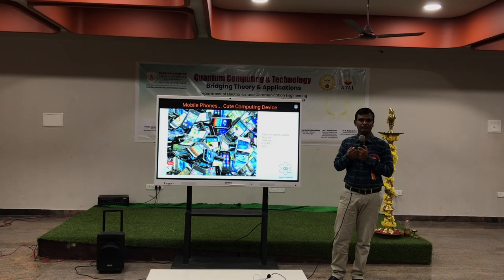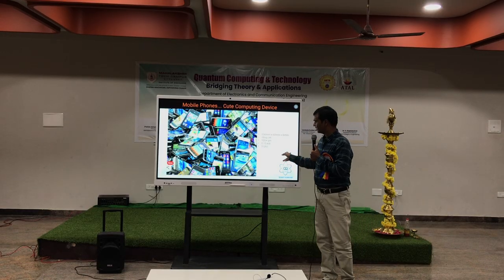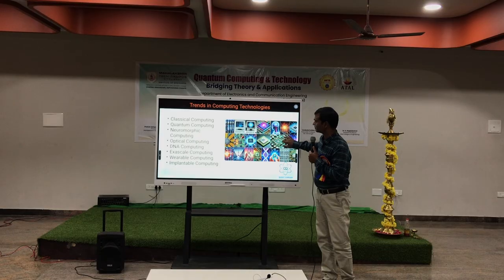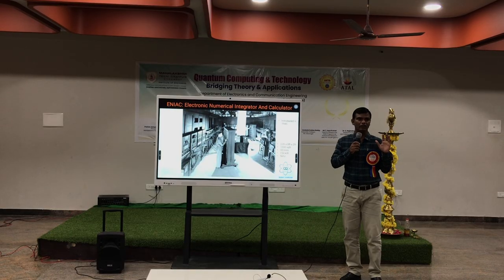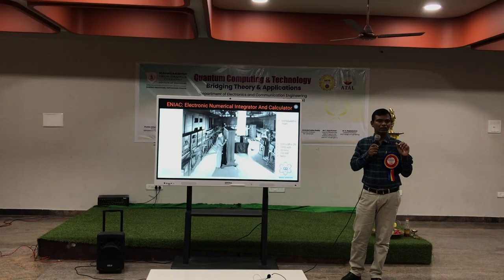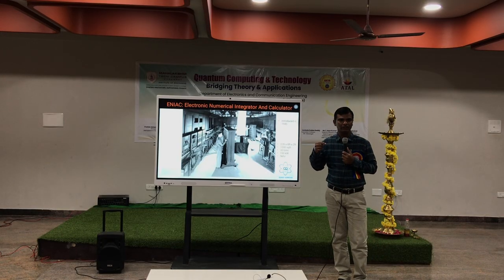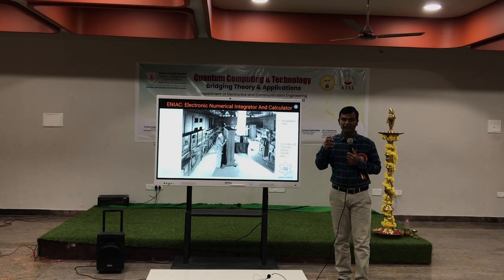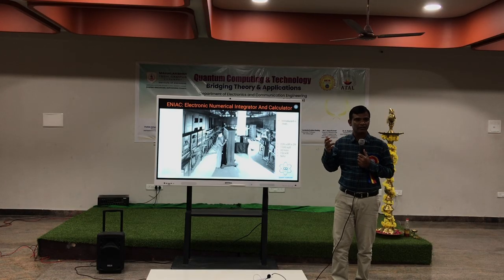This drastic change has happened because of the change in chip design. In the 1960s, one of the innovators, an Intel founder called Moore, proposed a law called Moore's law, where he predicted that every 2 years, because of the increase in the complexity of data, your computational resources will keep on increasing.